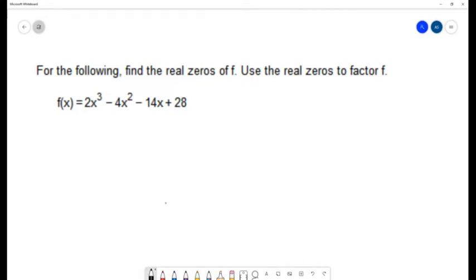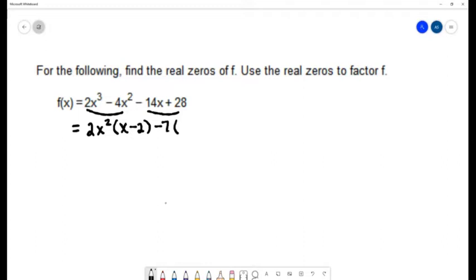It doesn't always work, but I'll try to group. I'll group two terms at a time together. So if I group the first set, it has a greatest common factor of 2x squared, and I'd be left with x minus 2. And the second group has a common factor of 7.